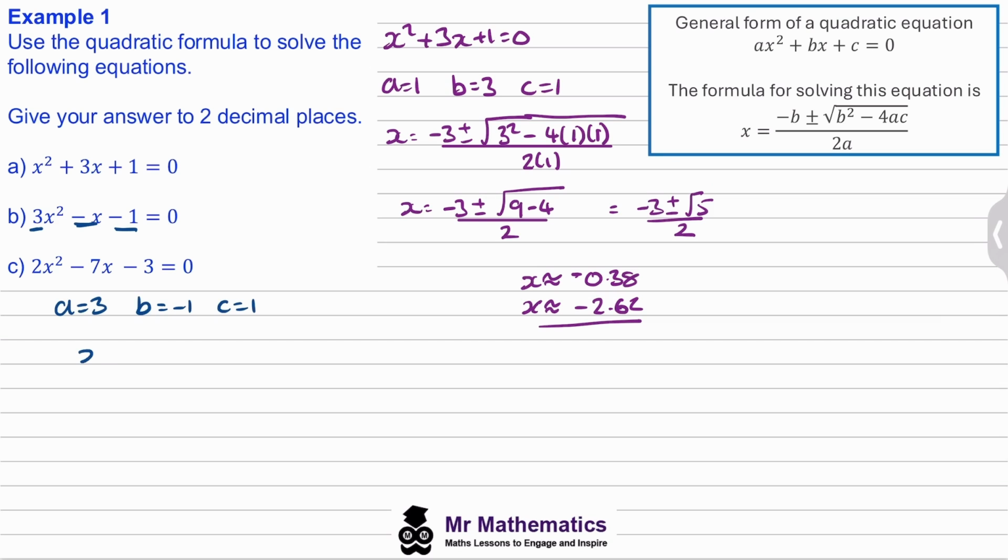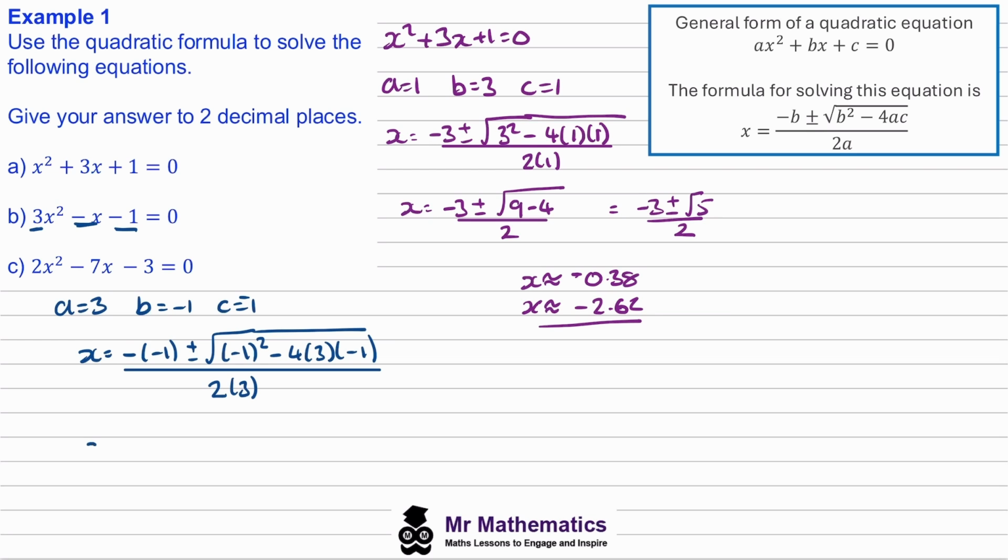So we'll have x will equal minus b, it's helpful to use brackets here, plus or minus the square root of negative 1 squared minus 4 times 3 times c. That c should be negative 1. All divided by 2a.